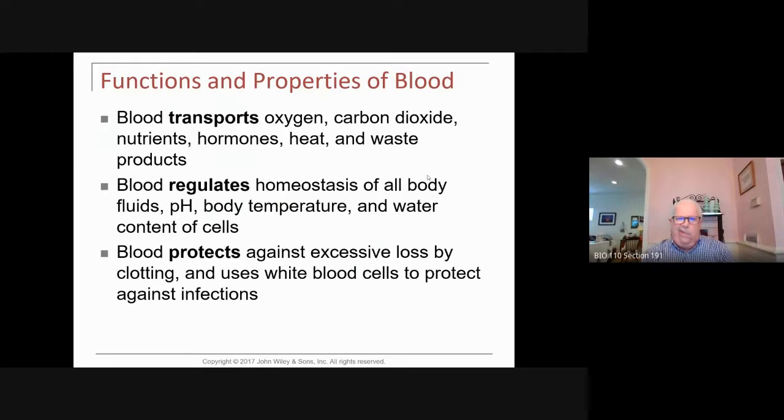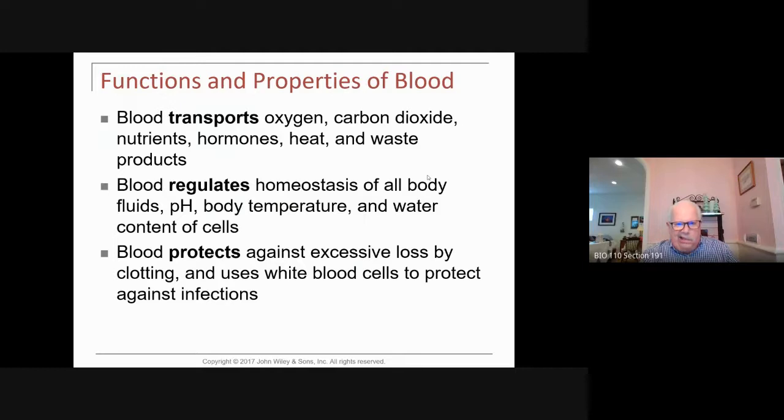So what is actually the function of blood? Well, the main function is transportation. It transports oxygen, carbon dioxide, nutrients, hormones, heat, and waste.